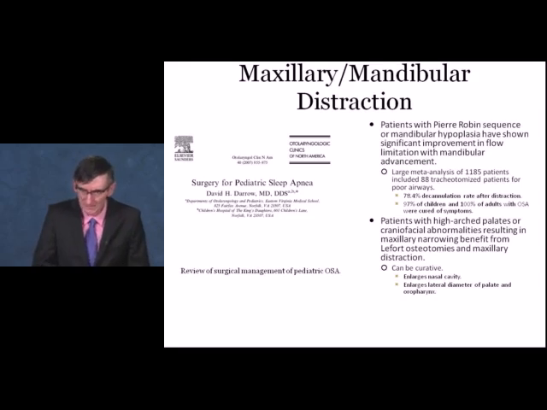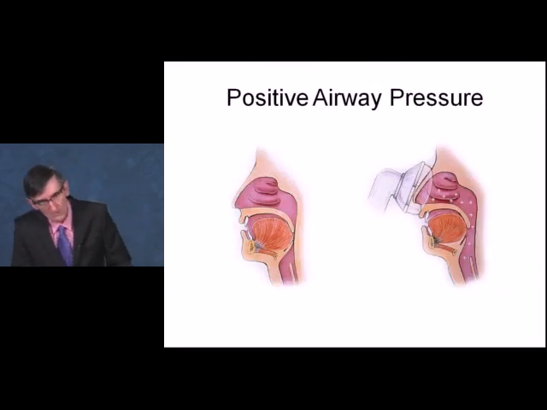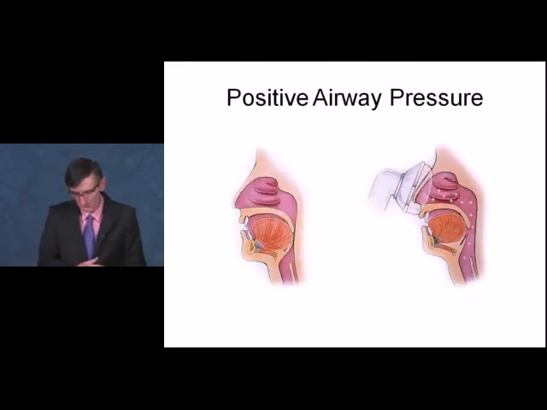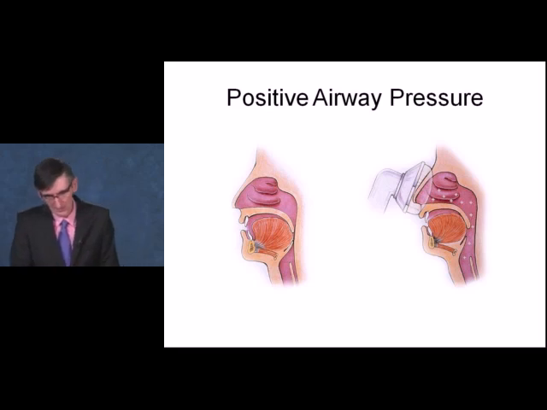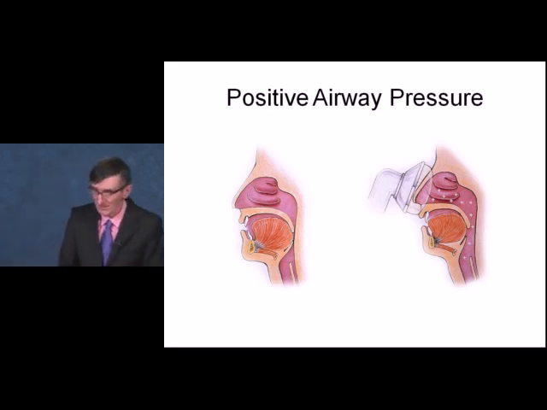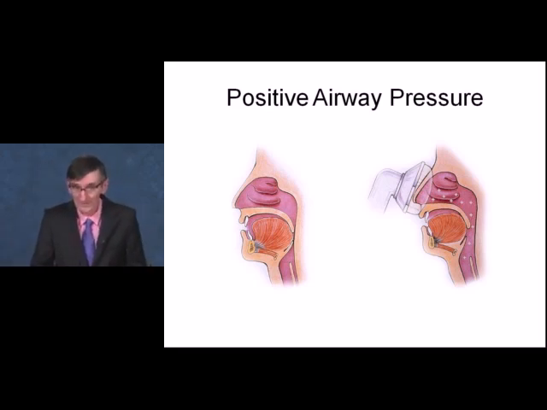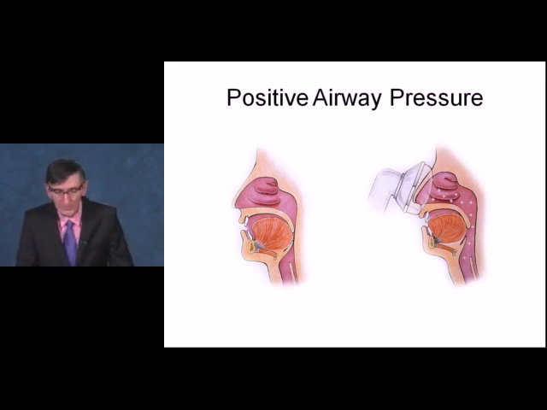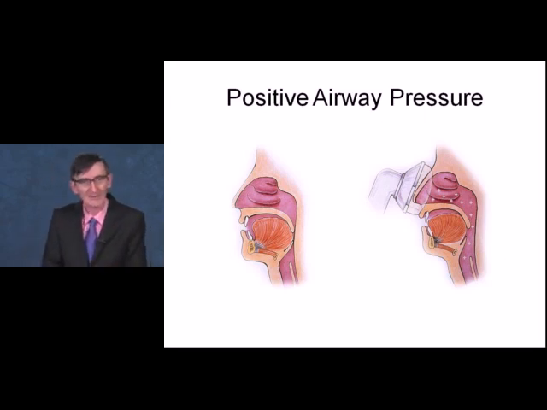Now, generally this is not how most pediatricians think. We classically think in pediatrics, and this is still the standard practice, and what I want you to take away from this is that if we see obstructive sleep apnea, we do an adenotonsillectomy.